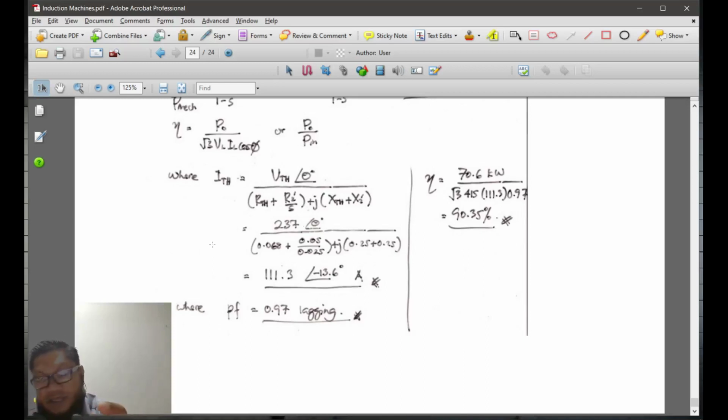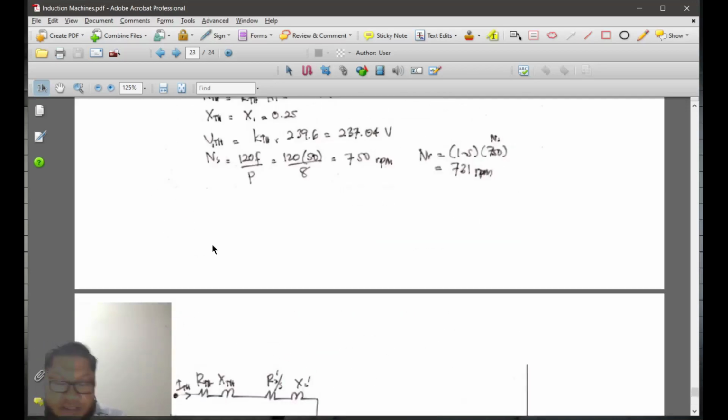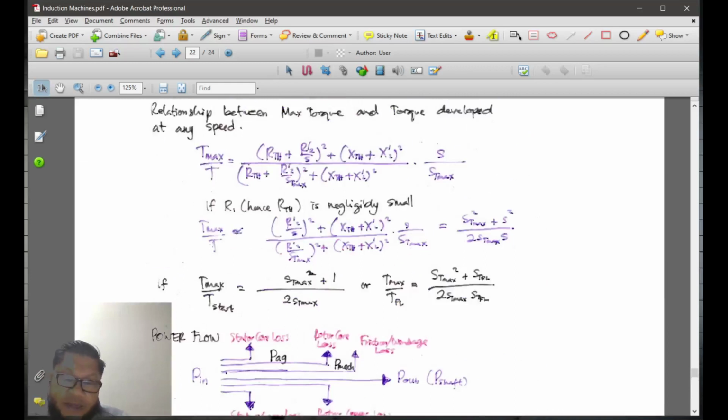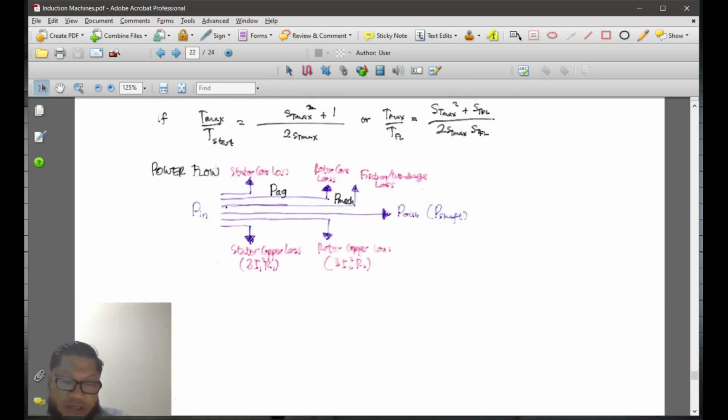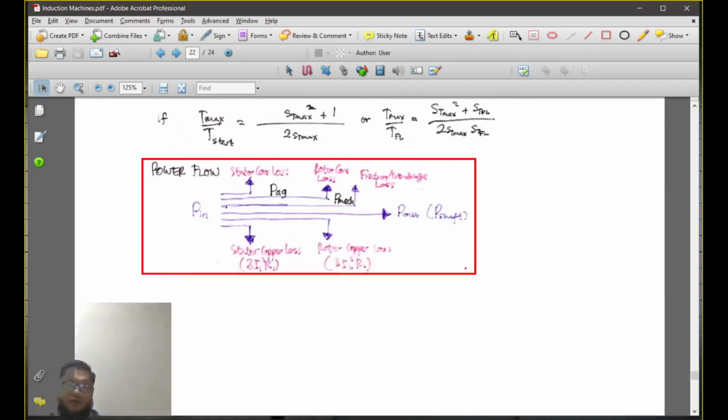Once you understand this induction machine, the slip S, the mechanical torque equation, and the power flow, from that we're going to look into how we can control the speed so that it rotates at the certain speed that we require. Okay, thank you. Assalamualaikum warahmatullahi wabarakatuh.